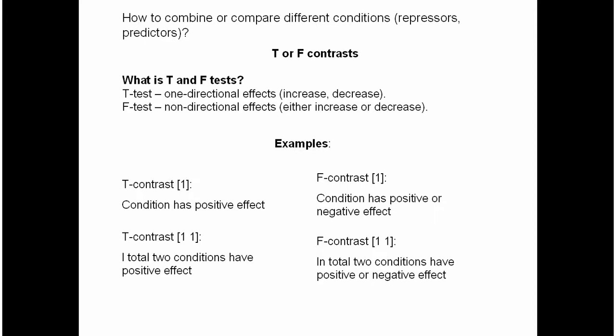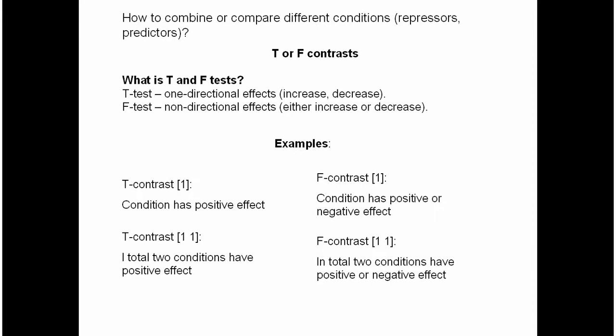The F-test works in a different way. It shows a non-directional effect. Namely, if the F-test is significant, we don't know: was it an increase or decrease? Which of the two samples had greater or smaller mean?